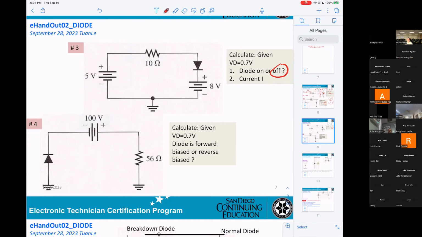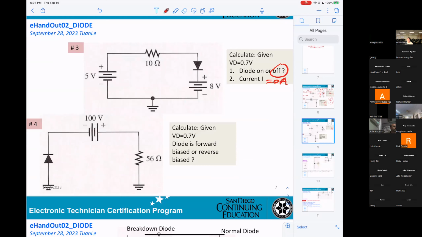Current I? Zero. Perfect. When the diode is off, it is open, so current I will be 0. Basically, if you know the diode is on or off, it's easy to solve the problem.